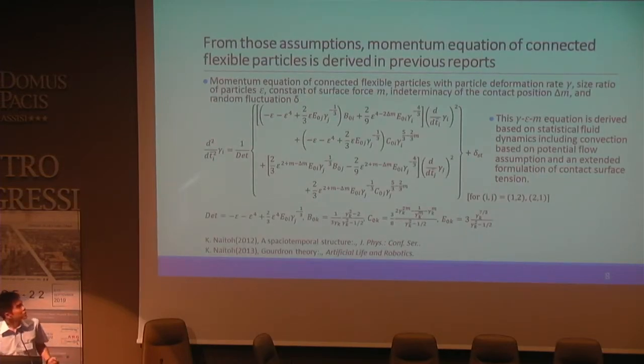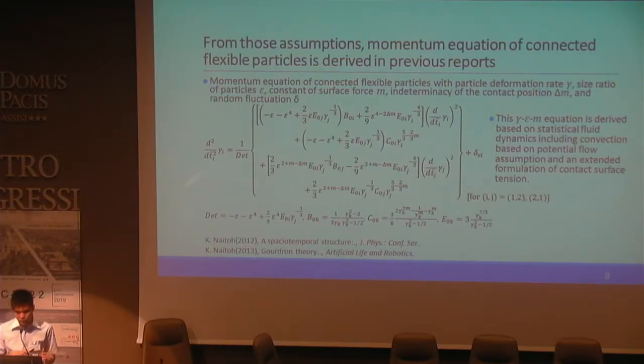From these assumptions, the momentum equation of connected flexible particles is derived in previous reports. This is a momentum equation of connected flexible particles with particle deformation rate gamma, a size ratio of particles epsilon, constant of surface force m, indeterminacy of the contact position delta m, and a random fluctuation delta.